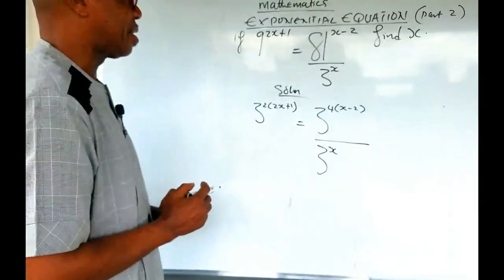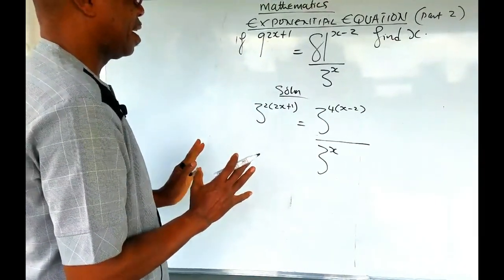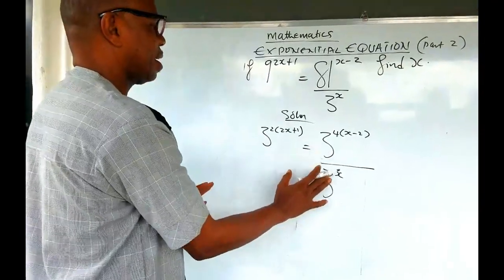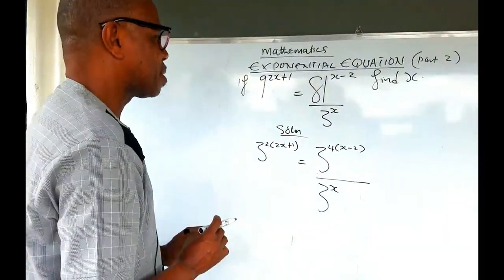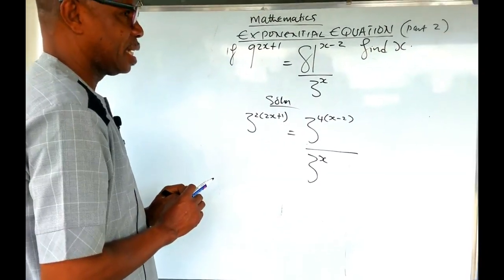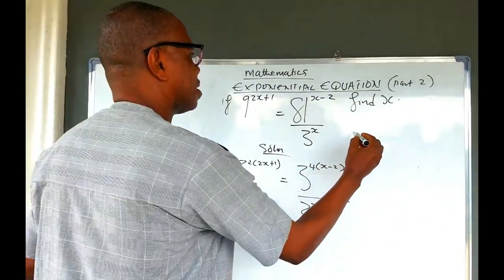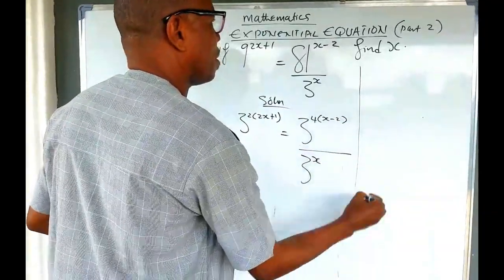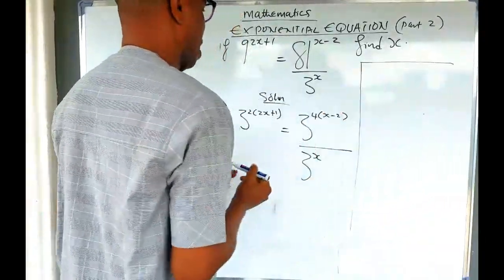Now you see that everything here is in base 3, 3, 3. So the next simple step is for me to collect the powers.